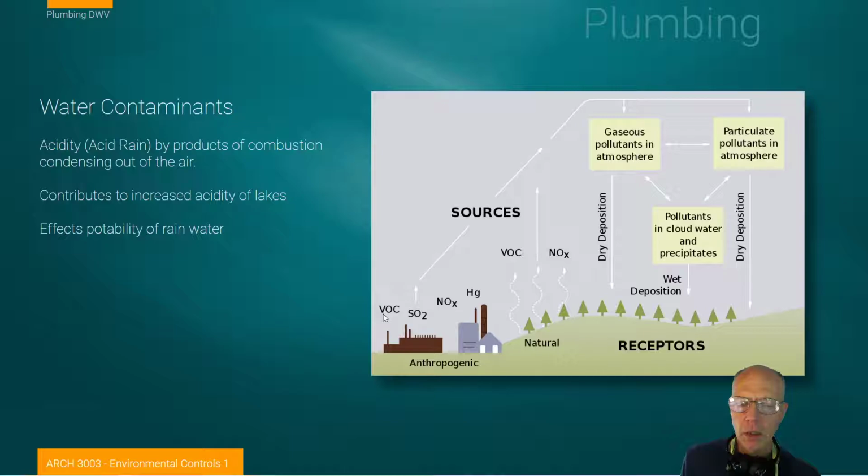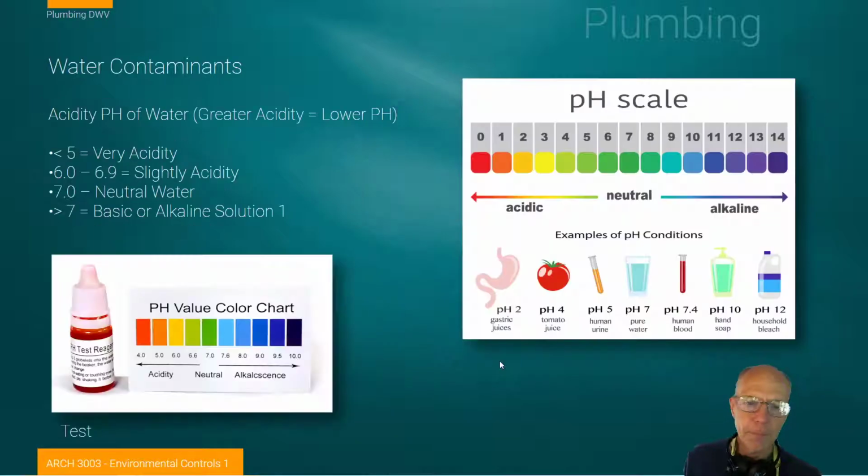So we have these VOCs, which are referred to as volatile organic compounds, plus sulfur dioxide, nitrous oxide, and they become airborne, and then can come down as particulates, either condensed in rainfall or just dust blowing onto the leaves and greenery, and then absorbed into the soil, and can then repass into groundwater sources, and or flush back into our lakes where we may be taking water for drinking.